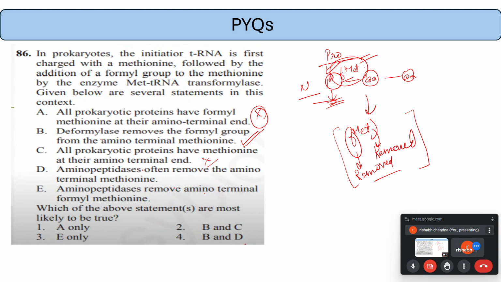So if the amino terminal methionine is there, it would be removed. So yes, this option can be correct. And then aminopeptidase removes the amino terminal formyl methionine. So this option can be wrong. Okay, so the correct options are B and D, so that is the fourth option. So here the correct option would be option 4.